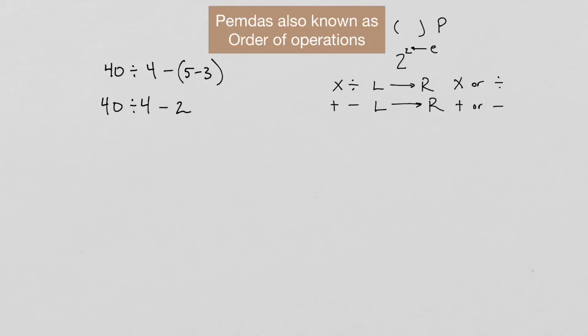Now scanning from the left, we have a division and a subtraction. From our order of operations, the division comes first. So 40 divided by 4 gives us 10, minus 2. 10 minus 2, our final answer is 8.